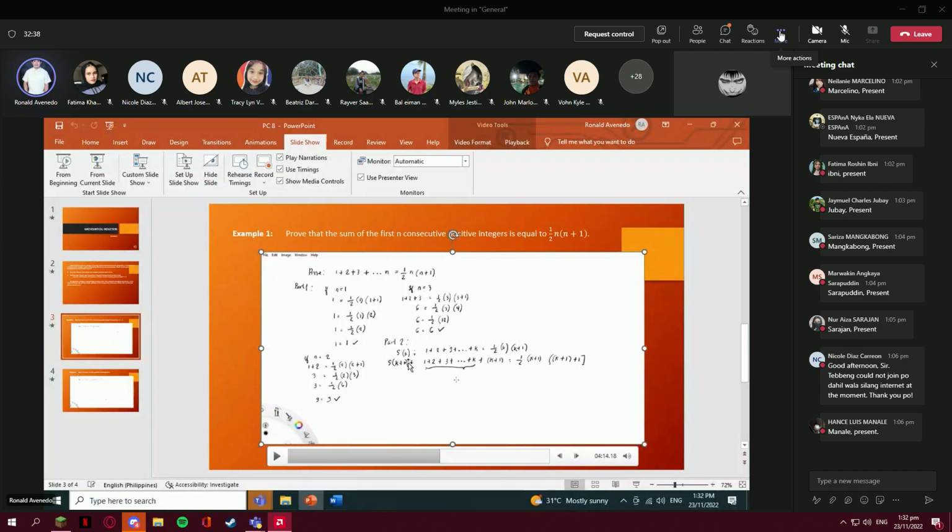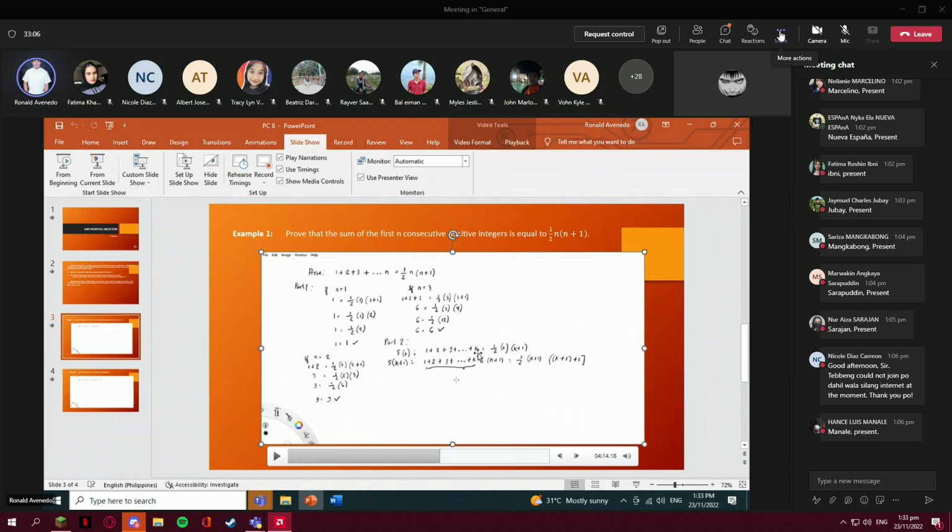If you're going to look at this, 1 plus 2 plus 3, it is dito sa ating first step sa part 2. 1 plus 2 plus 3 up to k is the same as 1 half of k times k plus 1. Nakikita ninyo yung equation sa taas? That 1 plus 2 plus 3 up to k is 1 half of k plus 1.